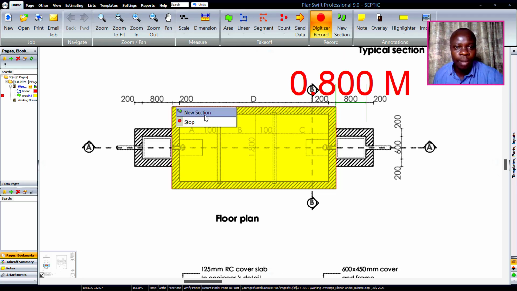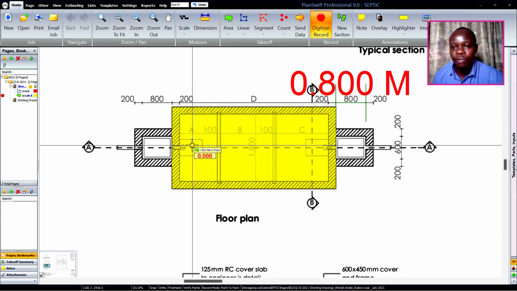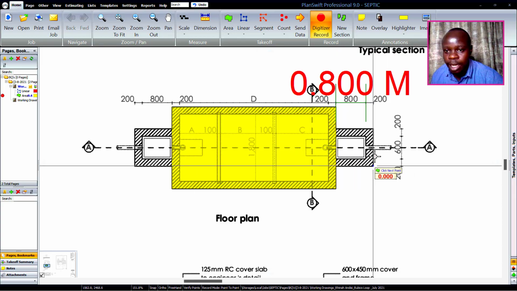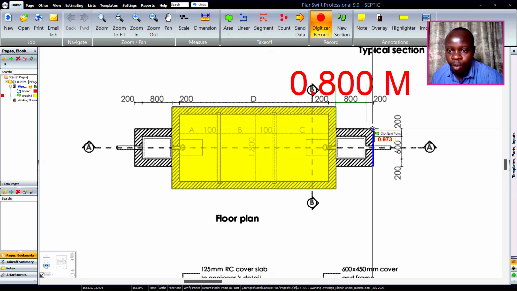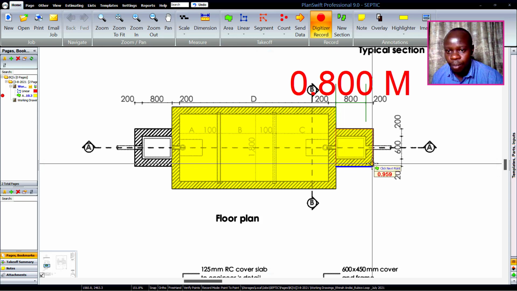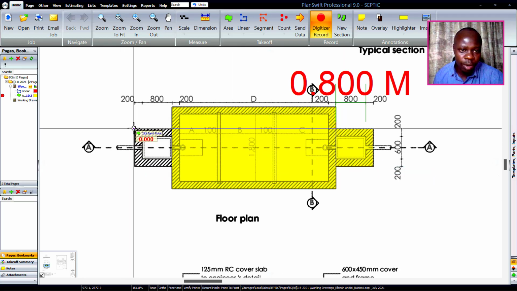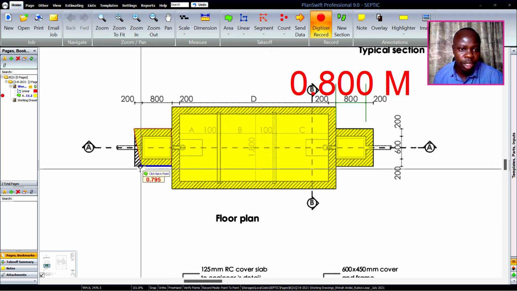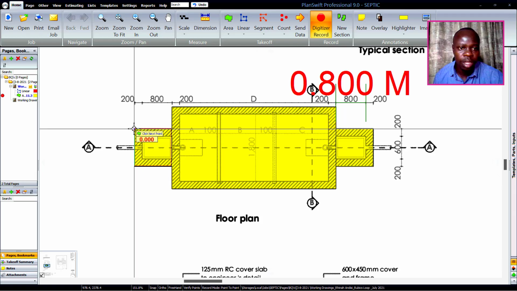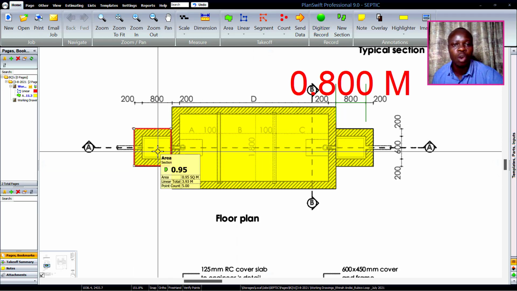So if I need to get the plan for the entire section first, and then get the other part differently, this is how I'll do it. All right, so that is 2 sections done. Then I also go to the other section, just that way. All right, so that gives me all the 3 sections complete.